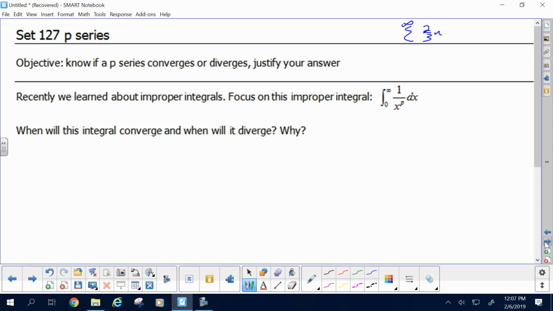So for example, in that problem, you would start by saying, hey, this is geometric because there's this exponential thing, and then you go and do your thing. It wasn't crucial that you did that before because you didn't really know that many series. Now you'll know one more, giving you a total of 3: telescoping, geometric, and P-series. And it'll be more important that you identify it first in your work. All right? So, what is a P-series?